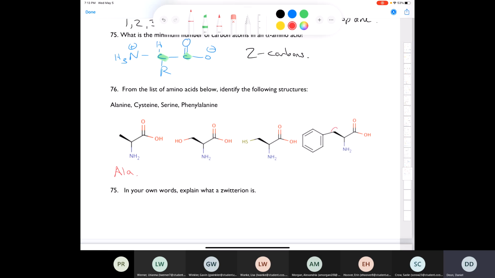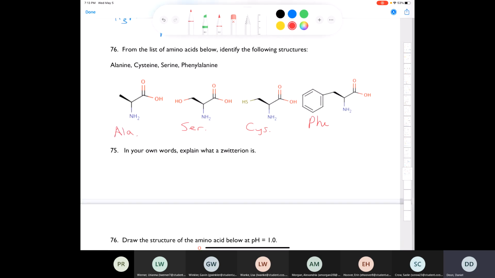If you have the methyl and then you've got a phenyl group attached to it, that's going to be phenylalanine. When you have a sulfur, this is cysteine. And then when you have this hydroxyl here, this is serine. Again, I don't ask you to memorize those. It's more just a fun thing.